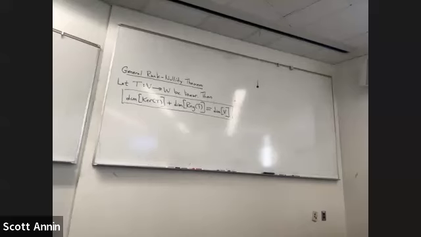Let's define T from M2 of R to R via T of A, B, C, and D. So I'm going to plug in a 2x2 matrix, and I'm going to spit out a number. And the number I'm going to spit out is A plus 5D.